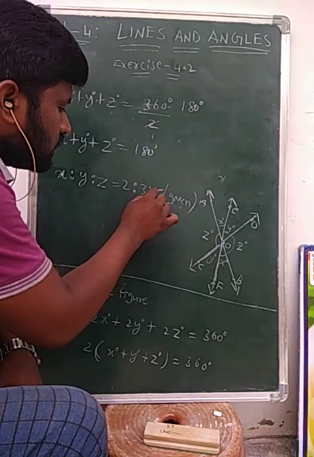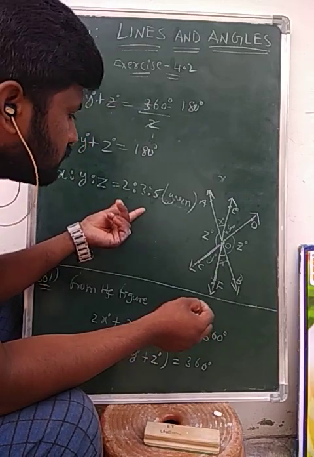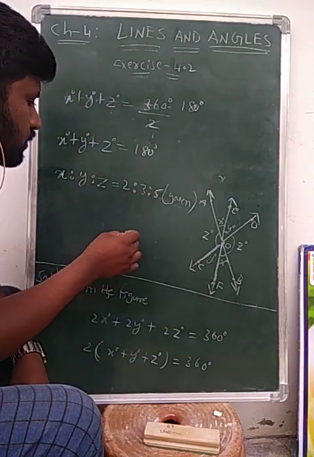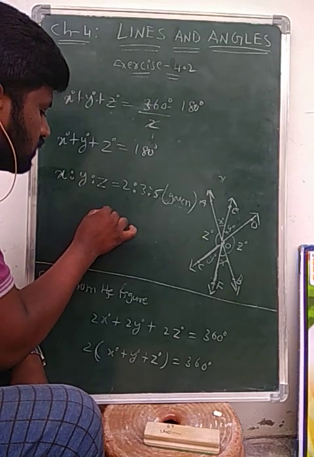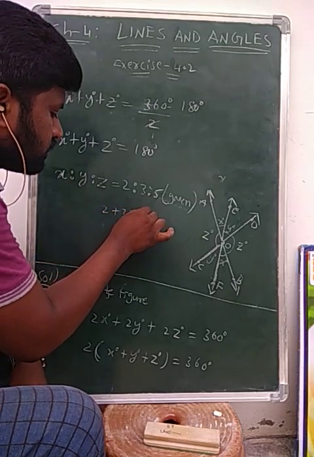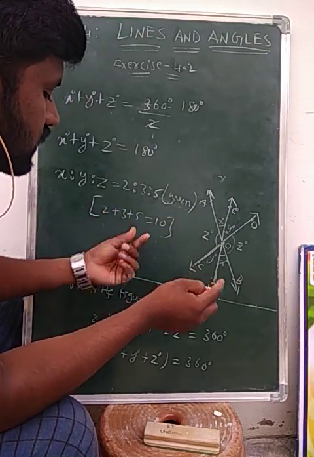Now we just add the sum of the terms of the ratio, that is nothing but 2 plus 3 plus 5, which is equal to 10. The sum of the terms of the ratio is 10.